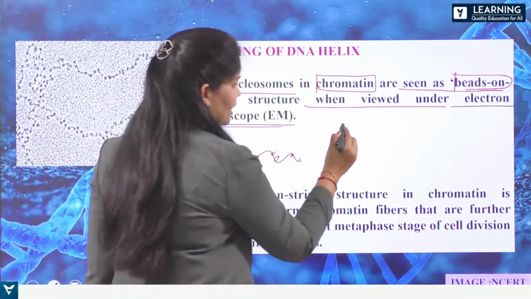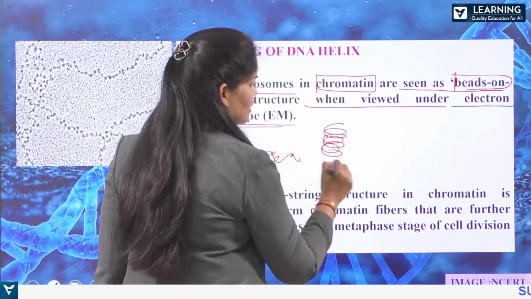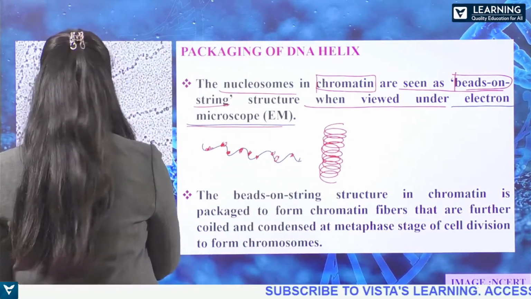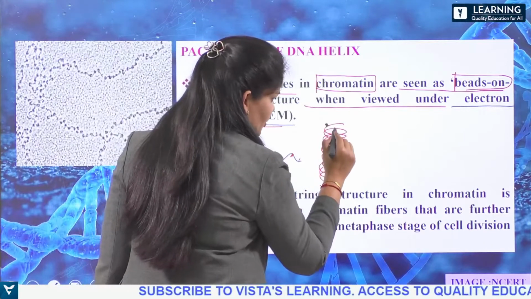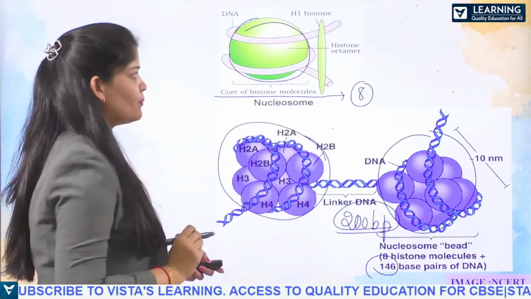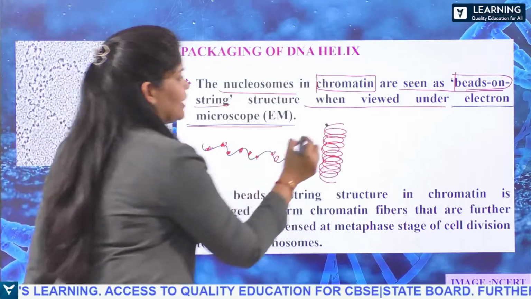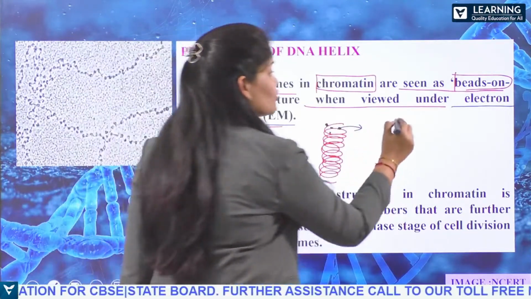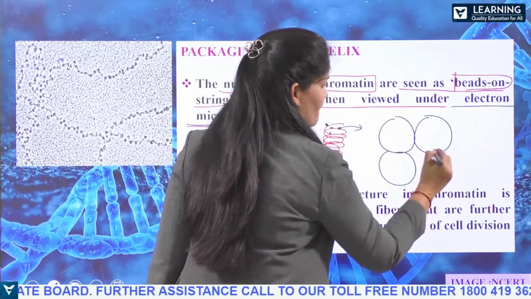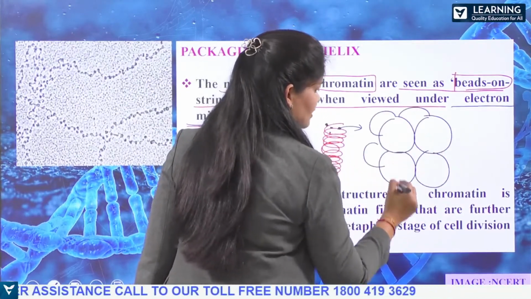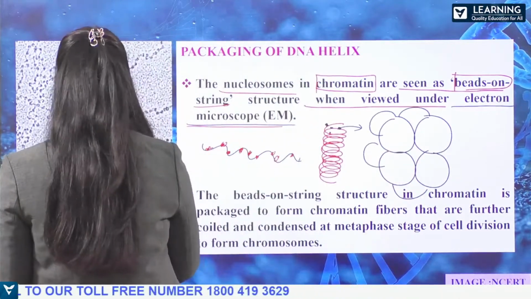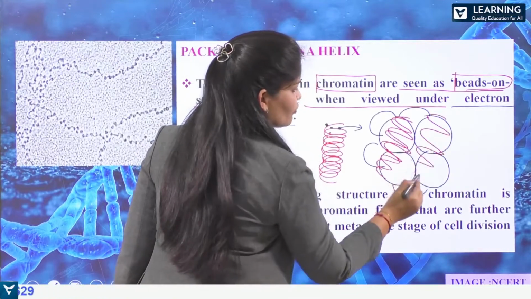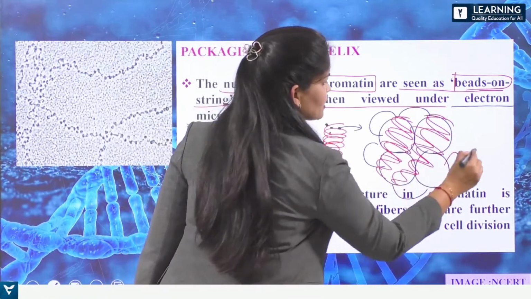And this beads on string will further get coiled, very close to each other. Consider these are the beads. Beads are present here, and each bead, if you magnify, we are going to see an octamer structure. Same for the backside, and DNA wraps around it 2 times.